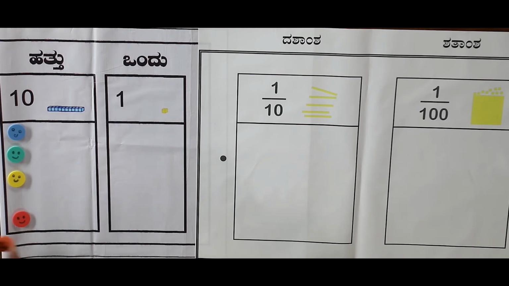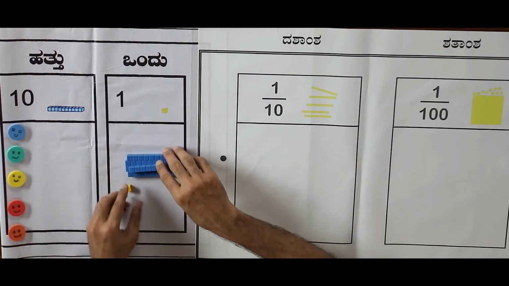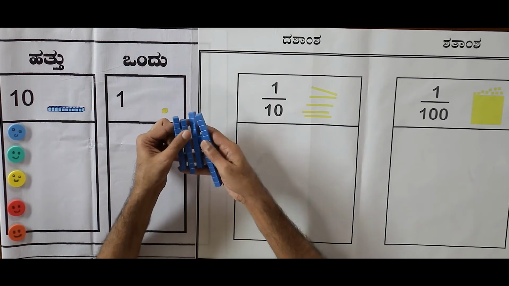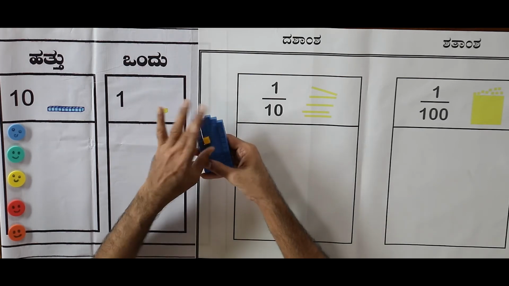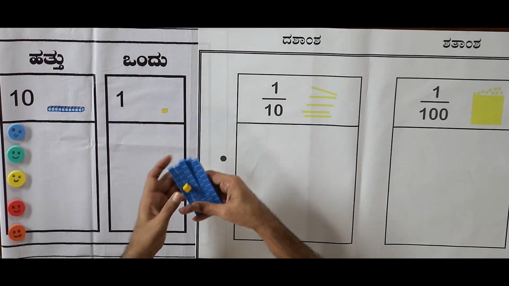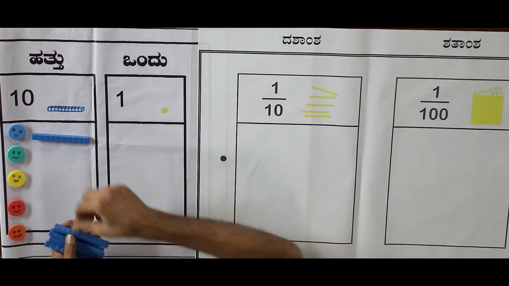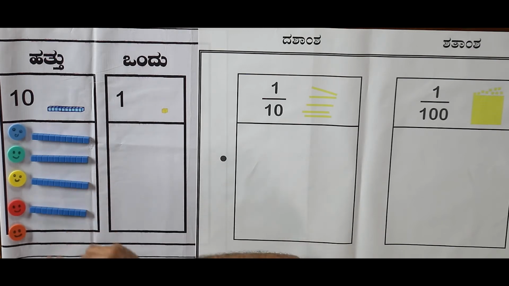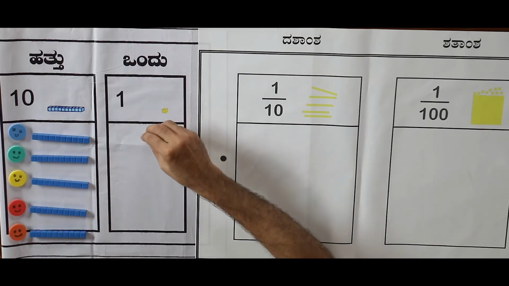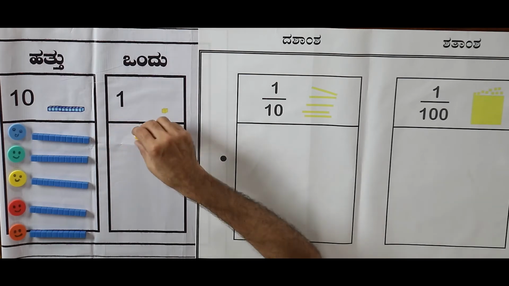I have to distribute 51 rupees to 5 people. 51 in base 10 blocks is 5 blue rods and 1 unit. This we have to distribute to 5 people. This is very simple. Everyone got 1 of the blue rods. Where do we keep this one?